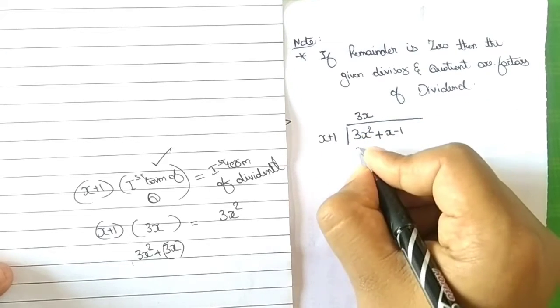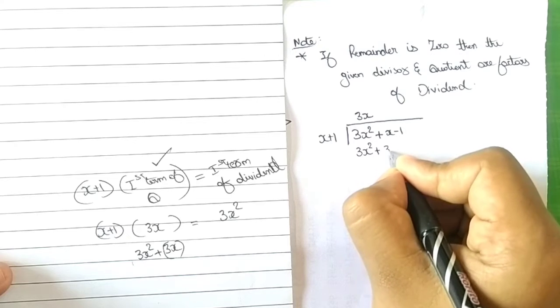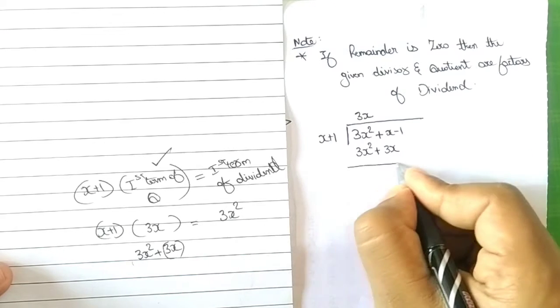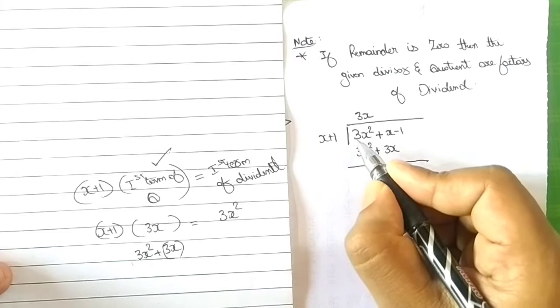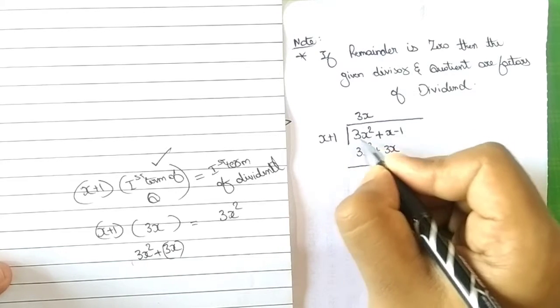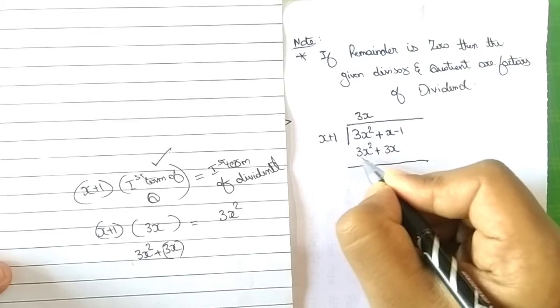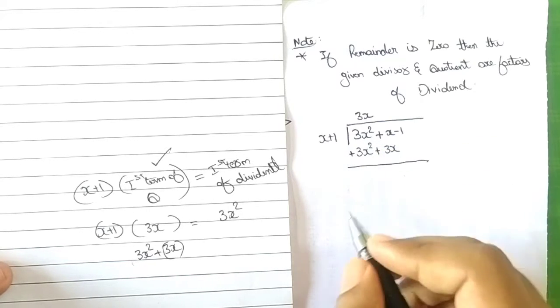x into 3x gives you 3x square, plus 3x. Now please take a note here. If both the terms are of the same sign, here the first term has a positive sign, here also the first term has a positive sign. If there is nothing, it is a positive sign.